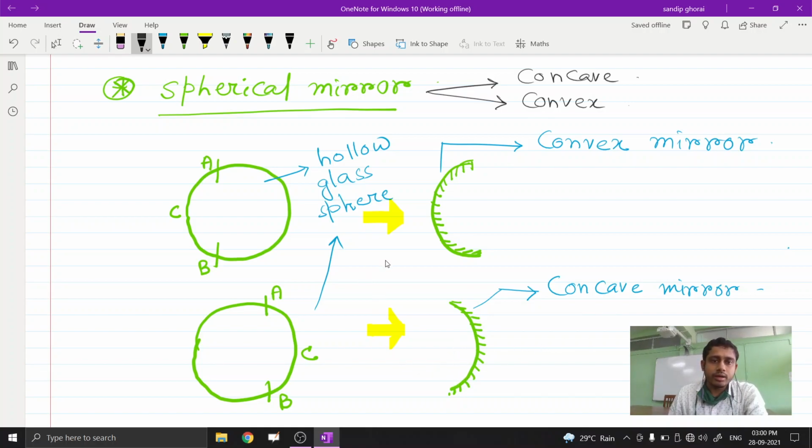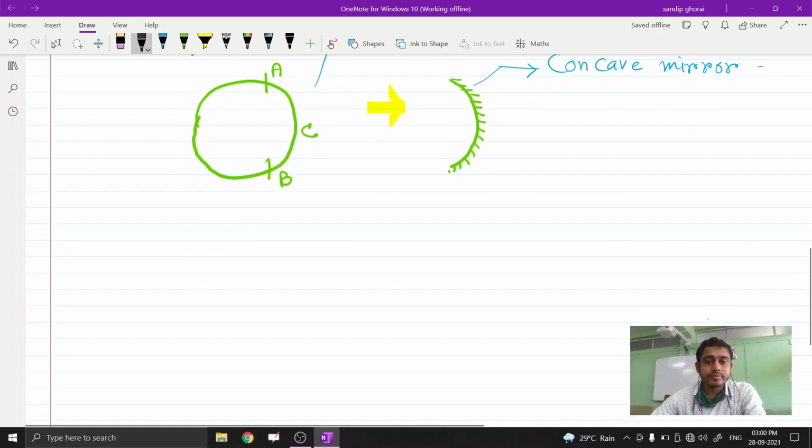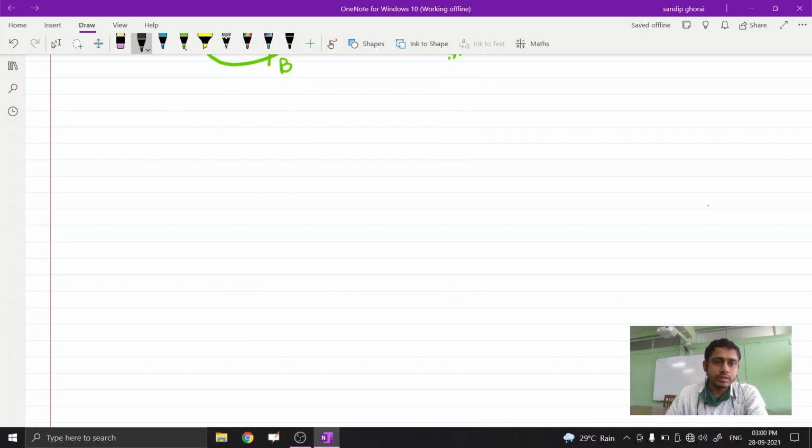Now the next portion is some terms related to spherical mirrors.